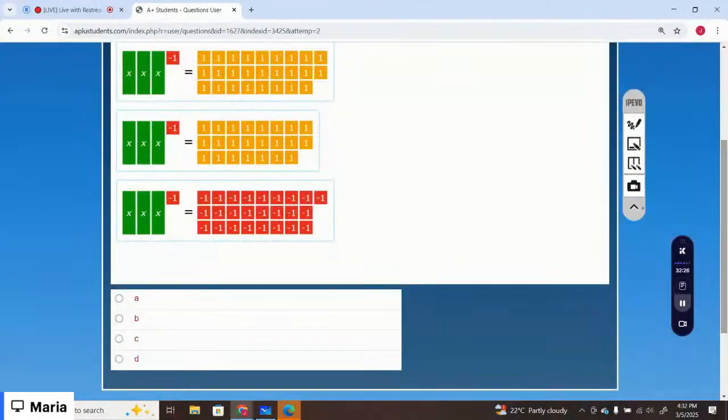Option number D is the correct option. Because you have negative 25, so the red tiles represent the negative 25. So option number D is the correct option.